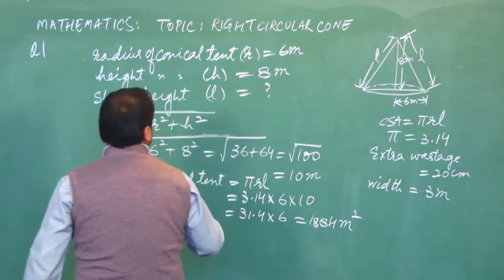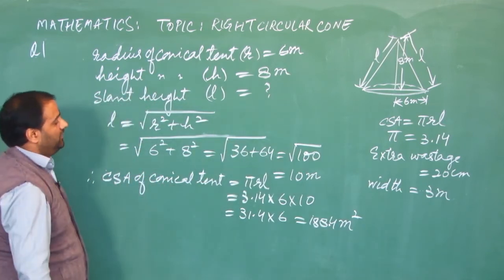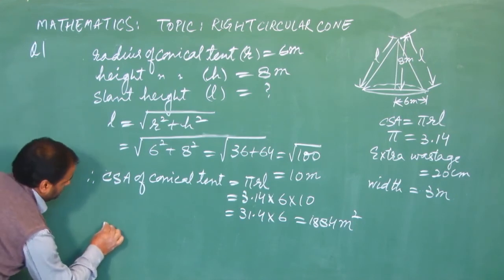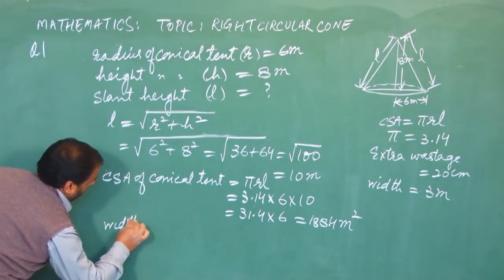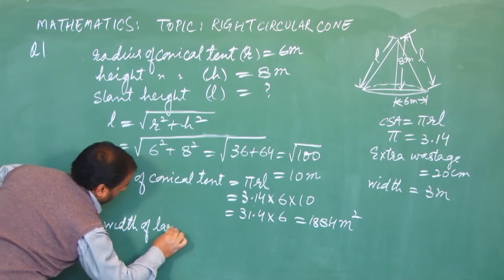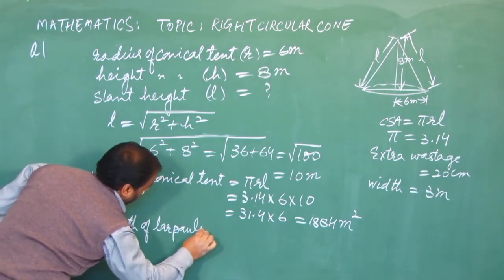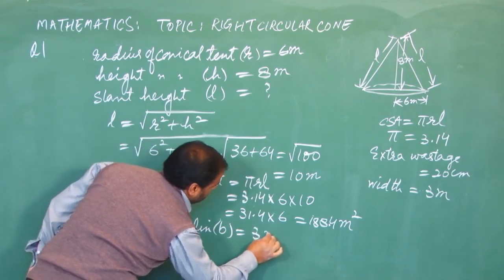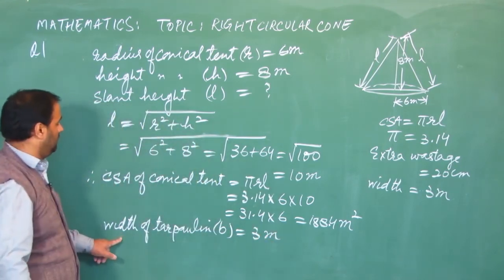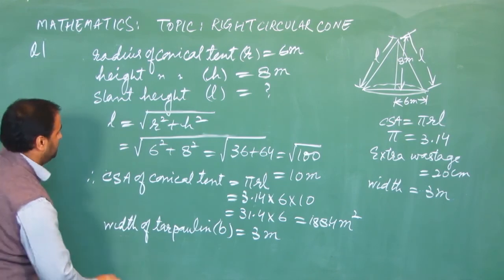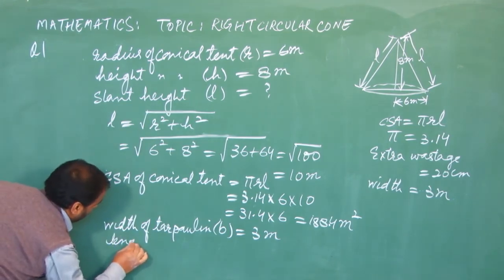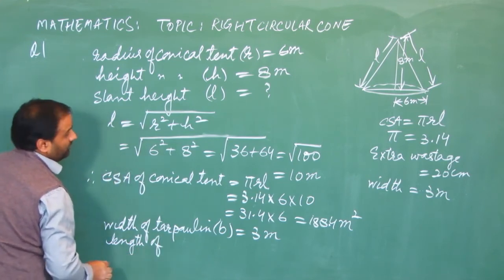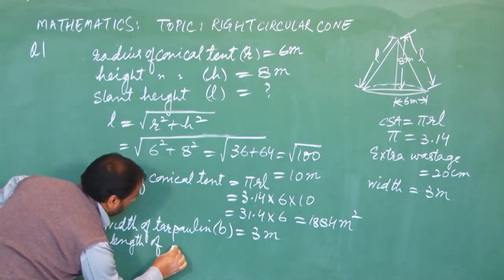Now, again we go back to the question that the width of the tarpaulin that is available is 3 meters. Let us denote it by B, it is 3 meters, and the length to be purchased we do not know, let it be X, because L means slant height for this conical tent.